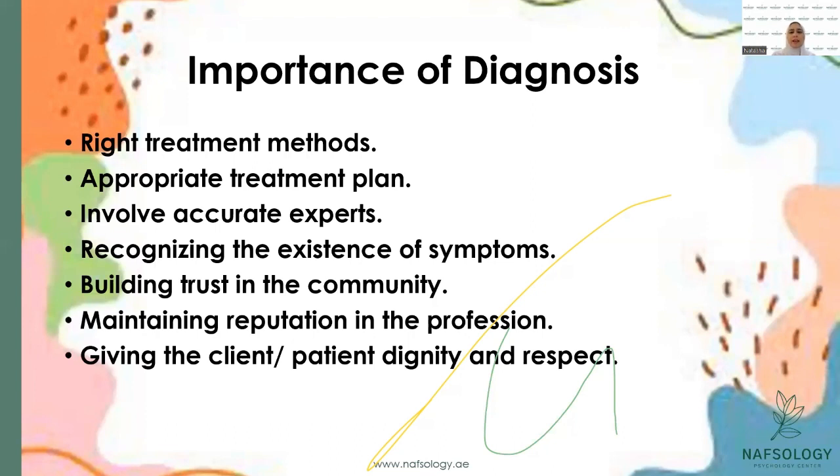If I have a particular client and I need some assessments to be done, I will send them to my colleague and they will do the assessments, and then we collectively read the report and decide whether they have this disorder or not. But if you cannot diagnose properly, then that person will never have the opportunity to go through those assessments, and they will never find out that they have that issue, right? So this helps you to involve the right experts.